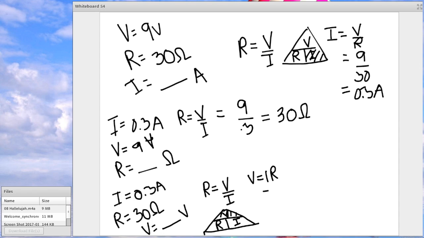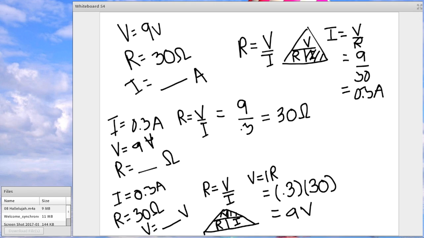Okay, so then we can do 0.3 times 30 equals. I know what it's supposed to be. It's supposed to be 9, but I'm going to go ahead and put it in my calculator. Okay, so then we've got 9 volts.